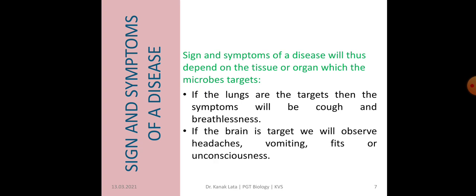If the lungs are the target, then what will be the signs and symptoms? The signs and symptoms will be cough and breathlessness, meaning we are uneasy to breathe. If the brain is the target, then one can observe headache, vomiting, fits or unconsciousness.